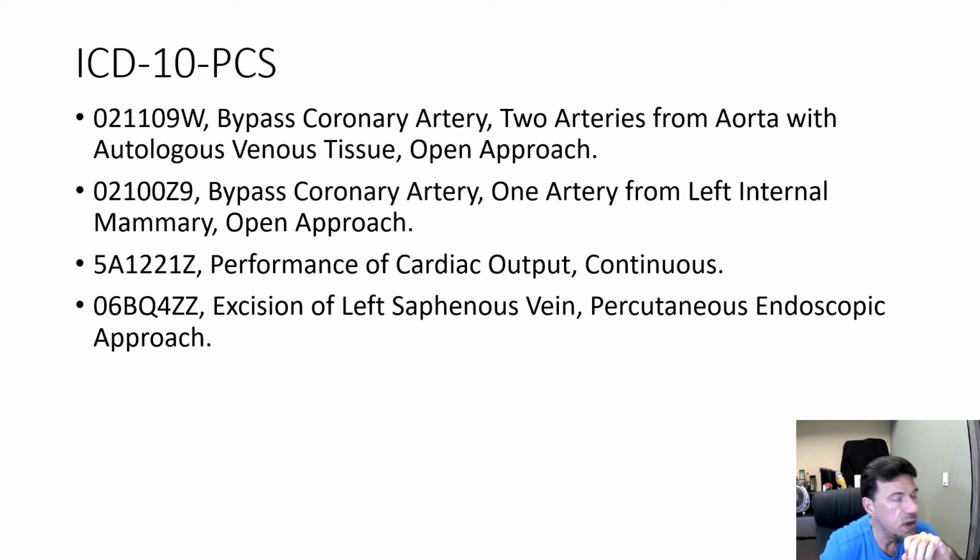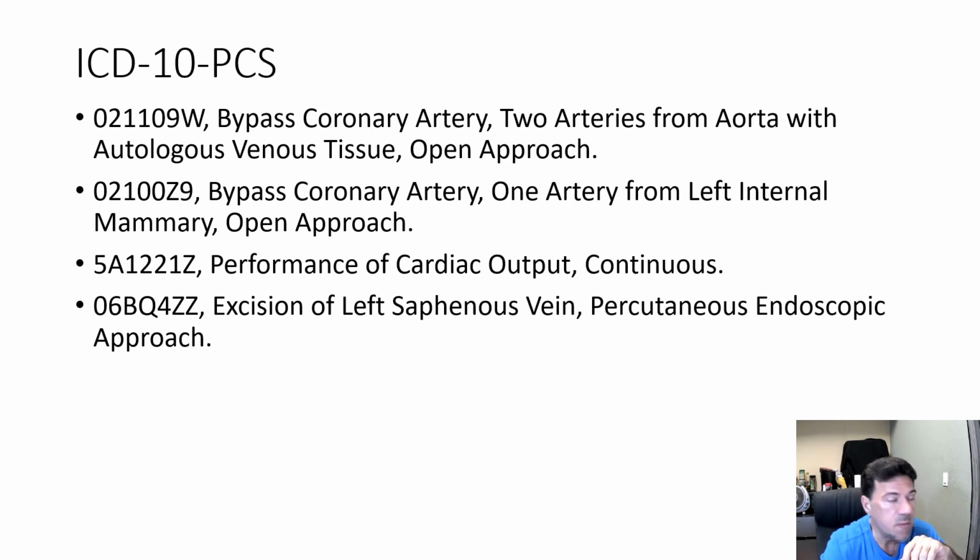The other code is the coronary artery bypass graft using the left internal mammary artery to the left anterior descending. That was a pedicle graft. It's a bypass of one coronary artery from the left internal mammary, open approach, to the left anterior descending.